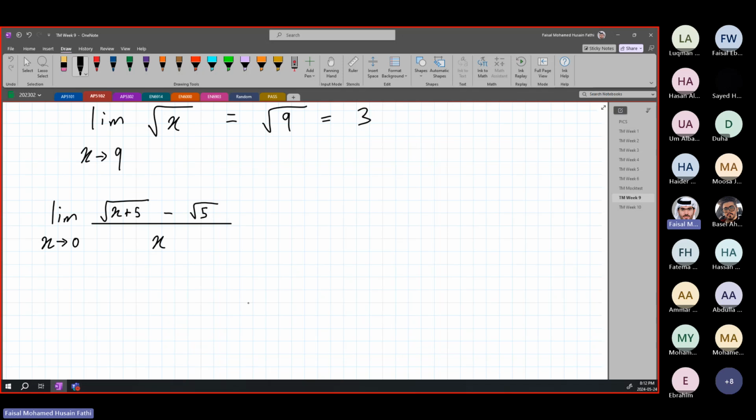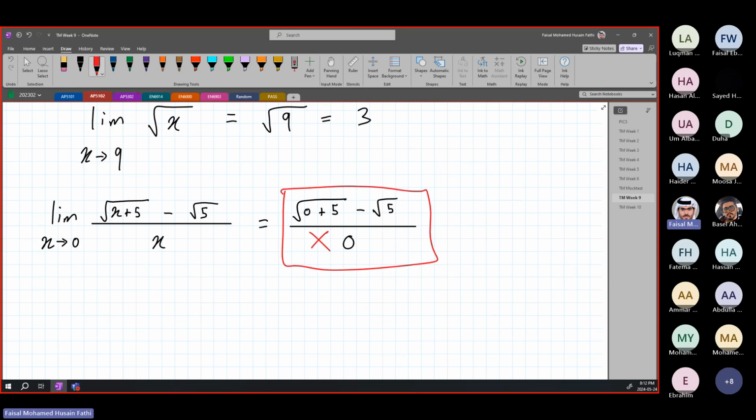Now, if we plug in 0, we get the square root of 0 plus 5 minus the square root of 5, over 0. And we all know we cannot divide by 0, so this function does not make sense. That does not mean the limit does not exist necessarily. It depends on the case we get.